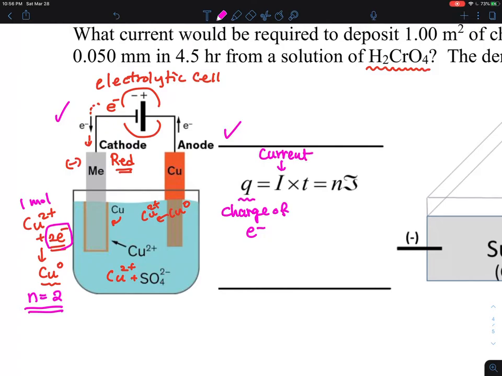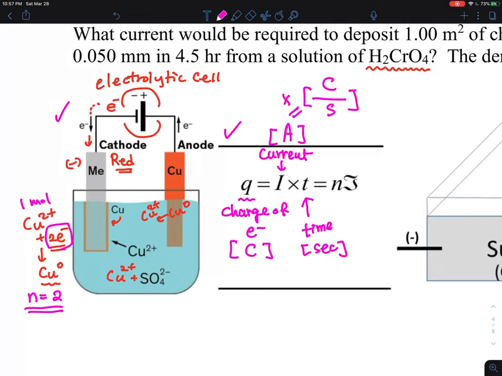We are using the unit of ampere for current, and the unit of coulomb, C, for charge, and t is just the time in seconds. So the ampere is coulomb over second, right? That's the concept you want to remember, not to forget about it.